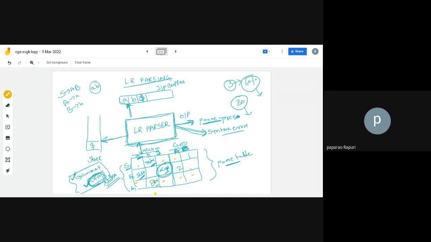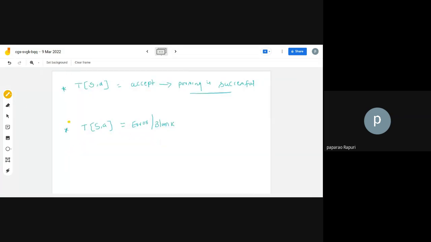For specification only, I have written error, sir. All the empty spaces come under error. So if we get T of S comma A equal to error or blank space, then we can say that parsing is unsuccessful.